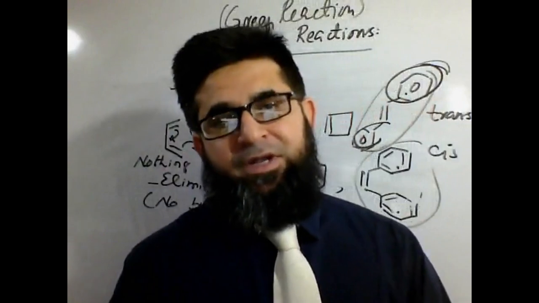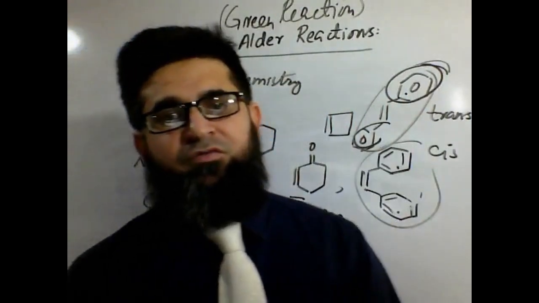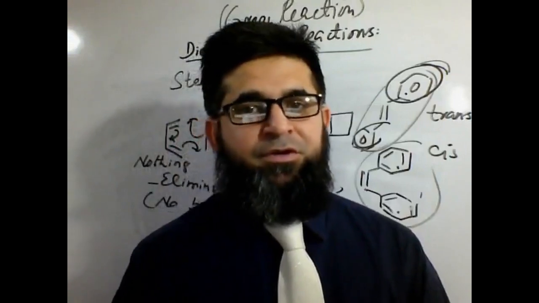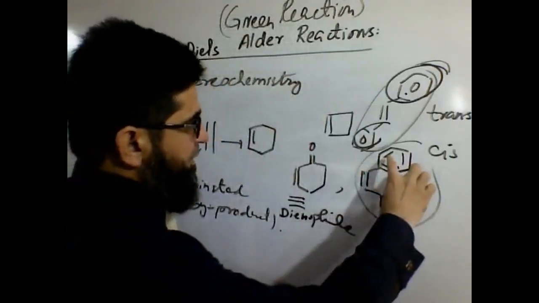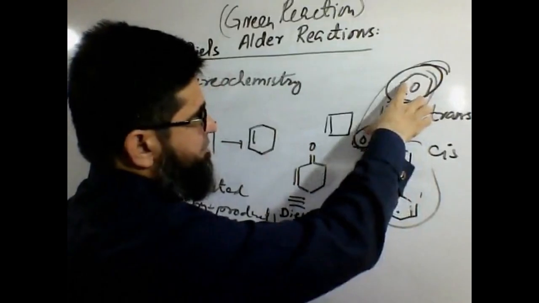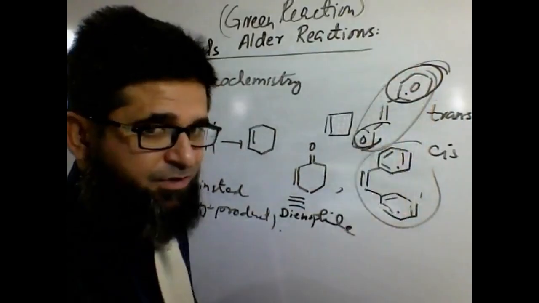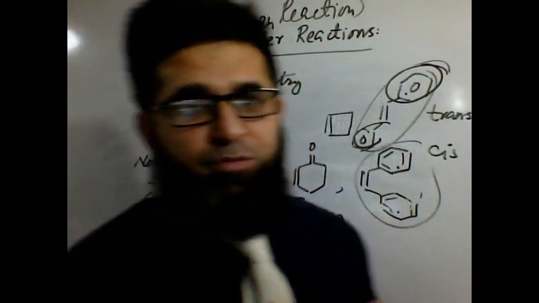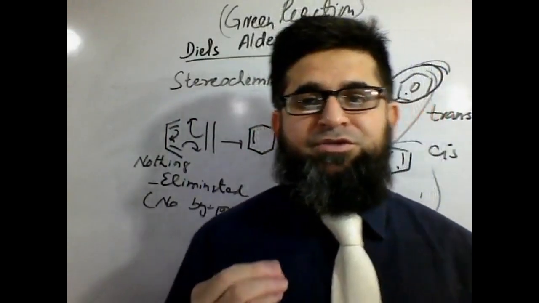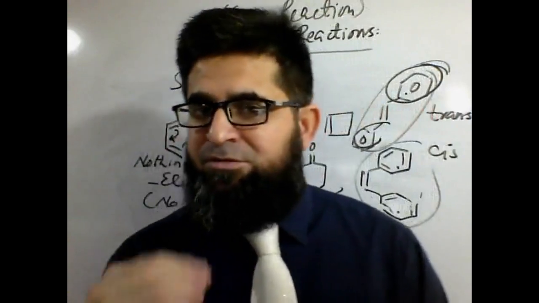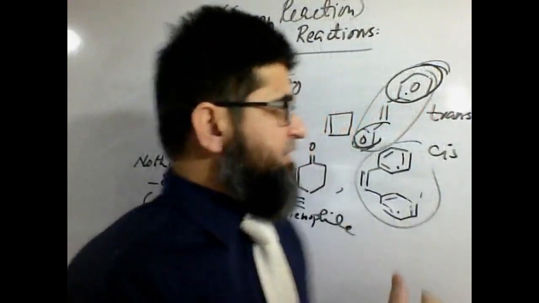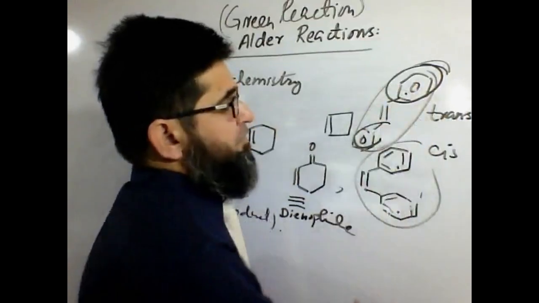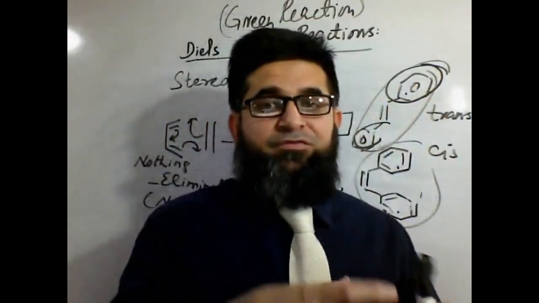In the next lecture, inshallah, we will discuss the stereochemistry aspect. As I've told you, the dienophiles could have cis substituents or trans substituents. Similarly, this is a diene, it could have cis or trans geometry. Their stereochemistry, how it is going to influence the product formation. If the substituents are cis over here or trans over here, how will they arrange themselves in the product?